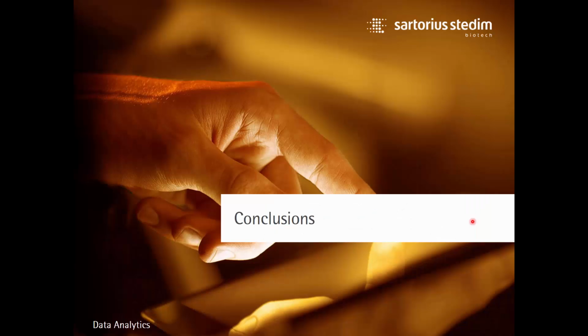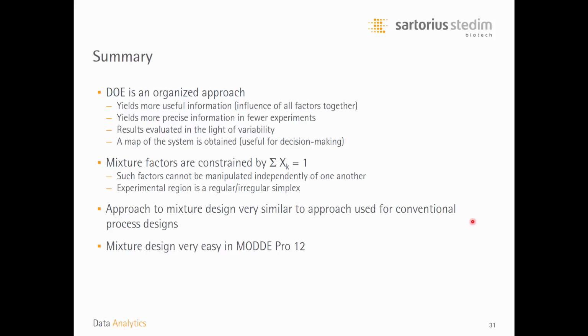So with this little demonstration of the MODDE software and its capabilities for performing mixture design, we're now moving over to a short rounding off session using some concluding remarks. So in summary, what we have said is that design of experiments is an organized approach. Through a well-planned DOE protocol, you always yield more useful information because you can map the influence of all factors on the one or more responses at the same time.